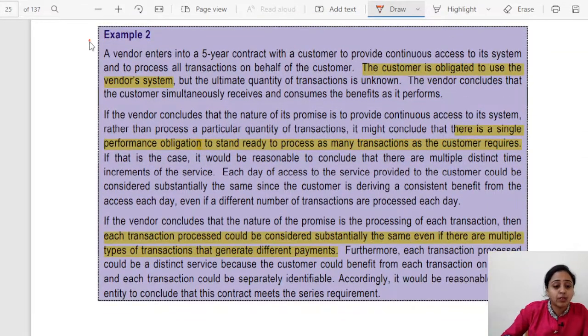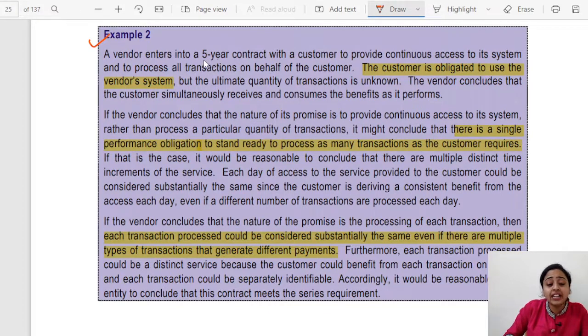Example number 2. A vendor enters into a 5-year contract with a customer to provide continuous access to its system and to process all transactions on behalf of the customer. The customer is obligated to use the vendor system. There is nothing separately available that you can purchase from any other company.